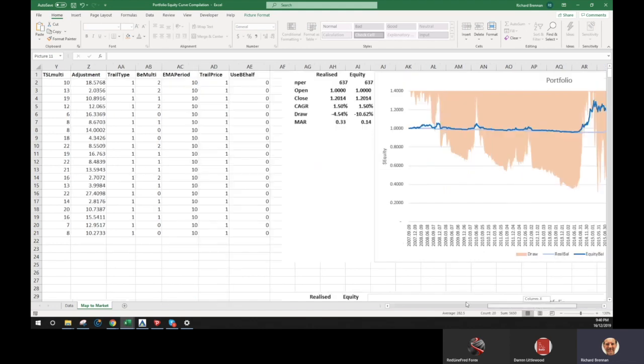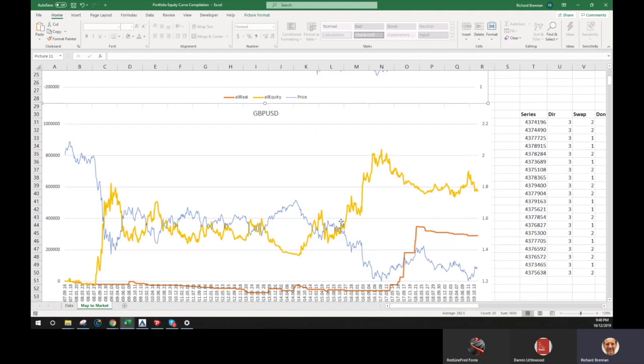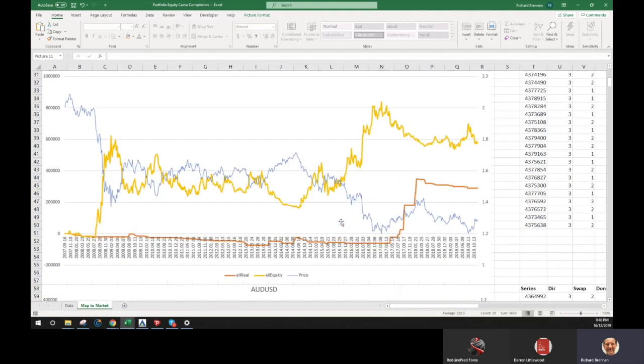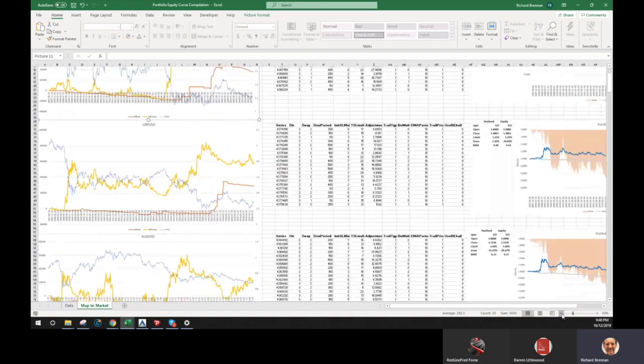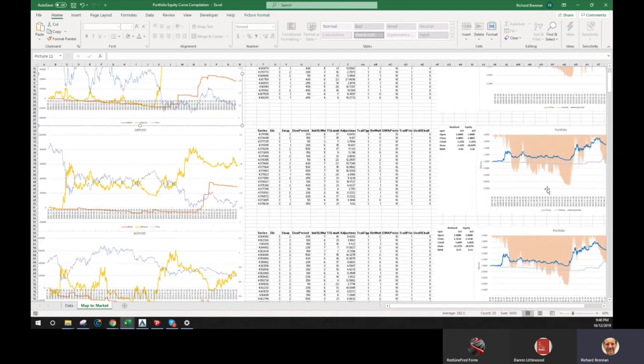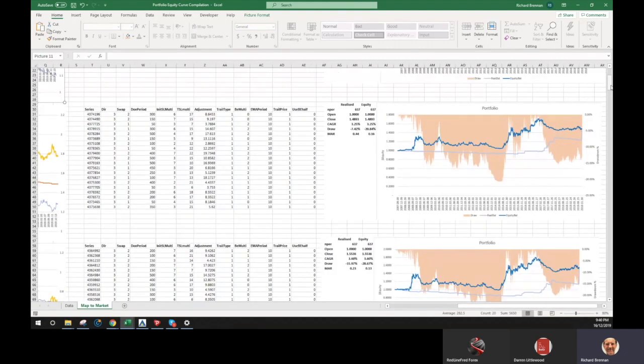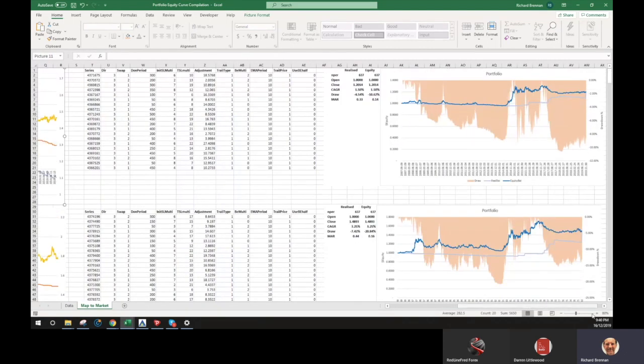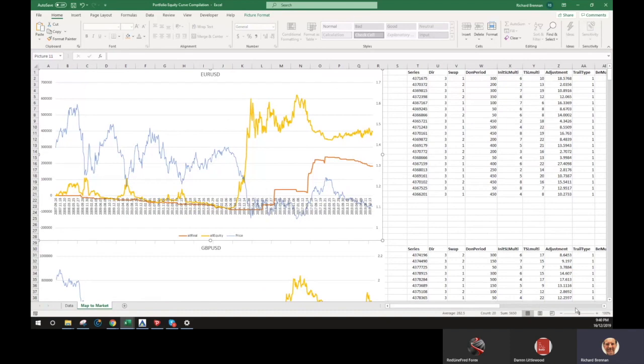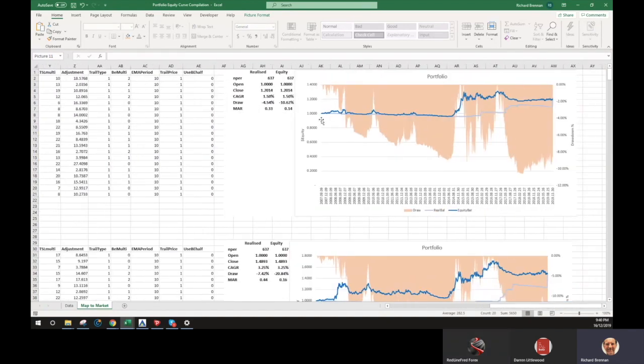Now, as we do it across more and more instruments, we get our different curves, our different profiles and our different volatility. As we progressively increase the number of instruments, I'll just scroll down here, we build our portfolio. So keep this in the back of your mind: we started our portfolio with a MAR of 0.14.